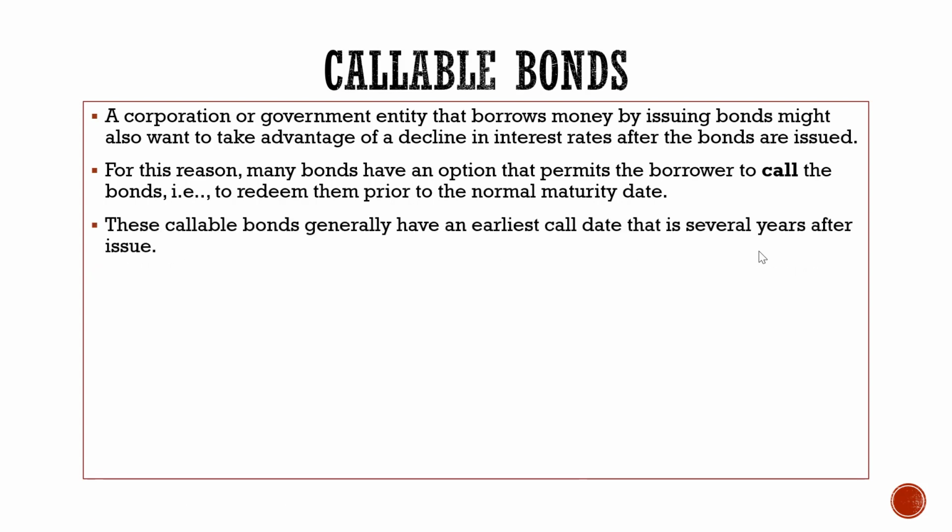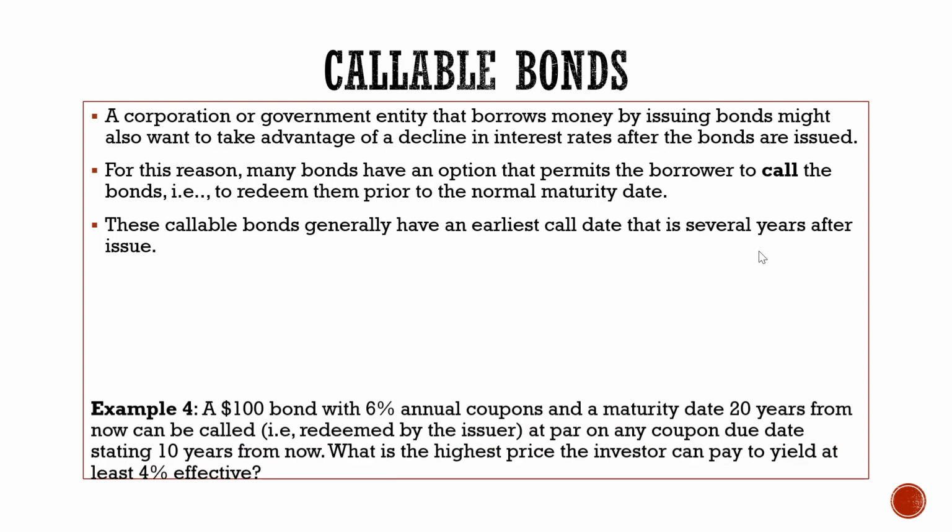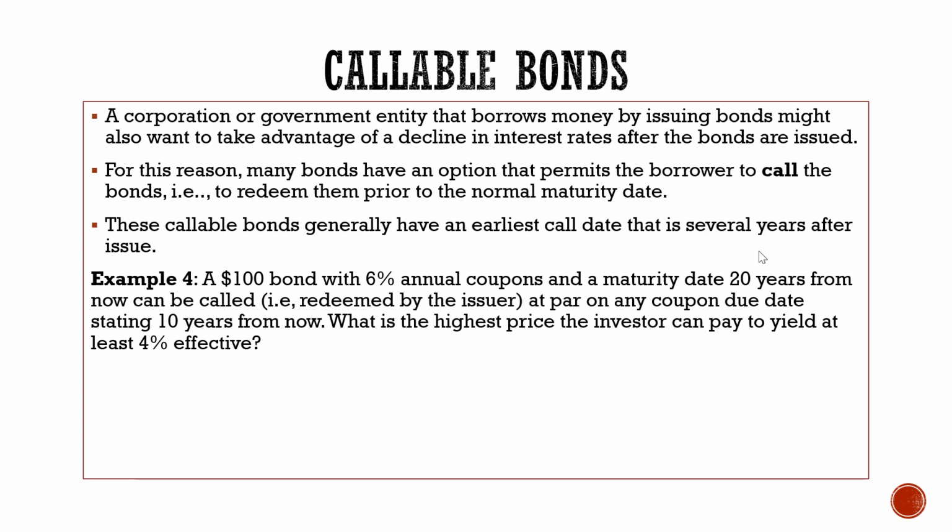These callable bonds generally have an earliest call date that is several years after issue. For example, a $100 bond with 6% annual coupons and a maturity date 20 years from now can be called or redeemed by the issuer at par on any coupon date starting 10 years from now.